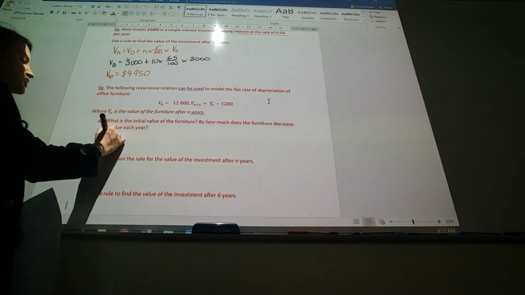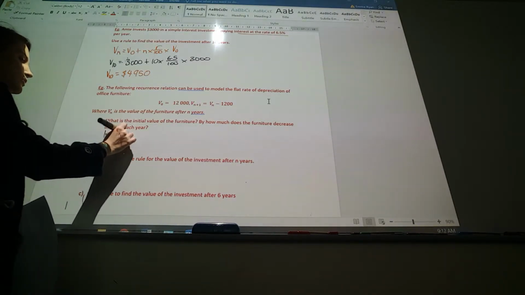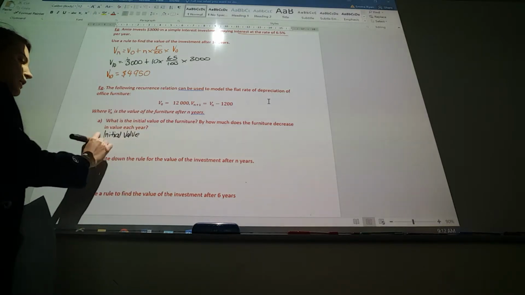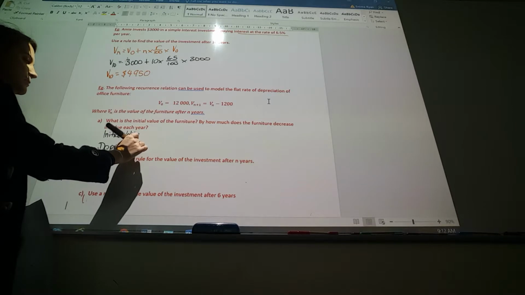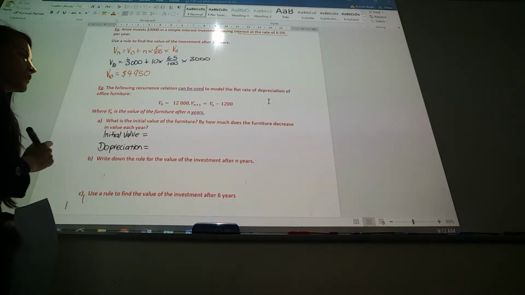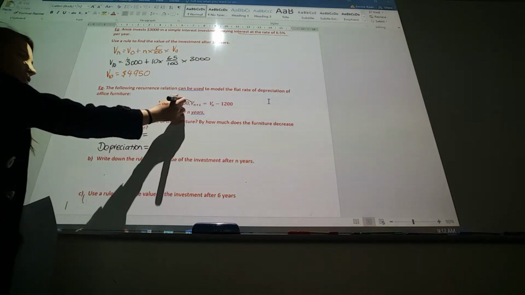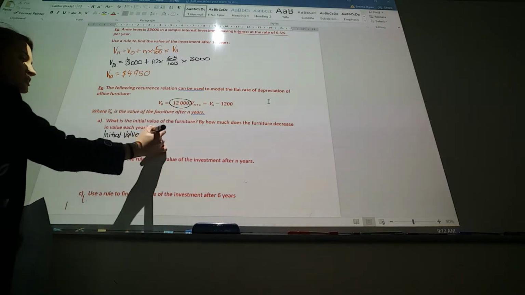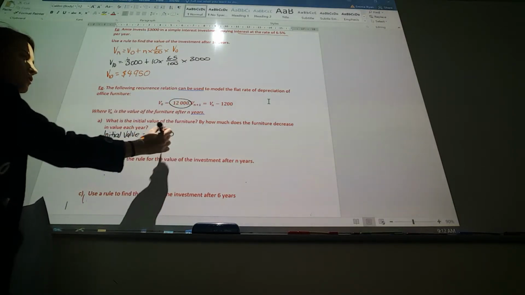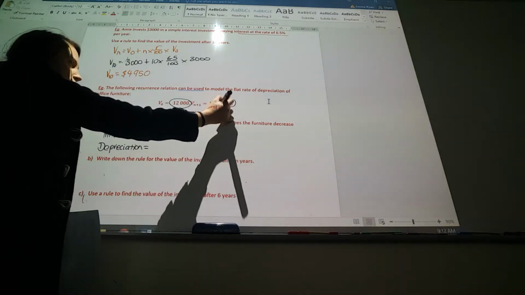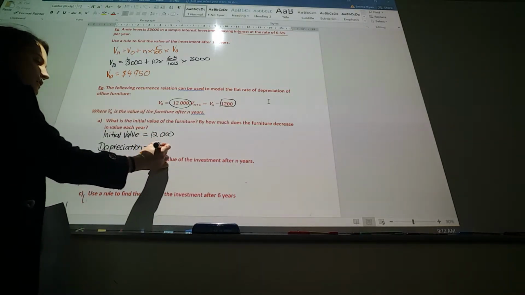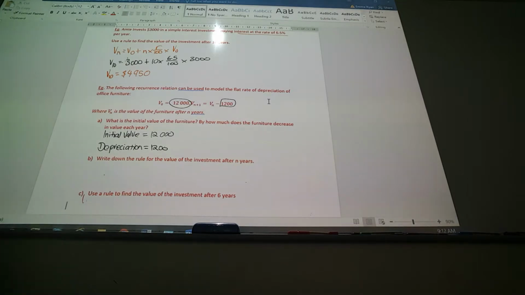So we need our initial value and we need to know how much it is depreciating by. So our initial value is our V0, which is 12,000, and our depreciation is 1,200.